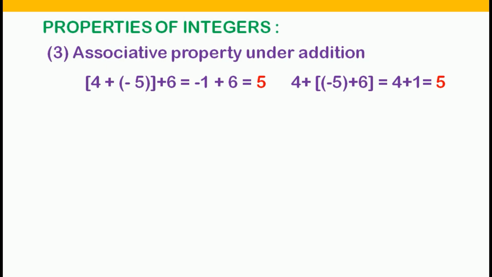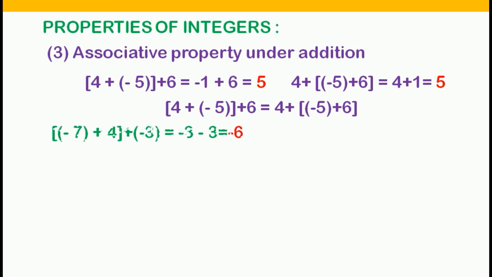That means minus 5 plus 6 gives the result 1. Then adding 4, the final result is 5. So the final result is not changed here. That means the final result is same. So we can write 4 plus (minus 5 plus 6) is equal to (4 plus minus 5) plus 6.